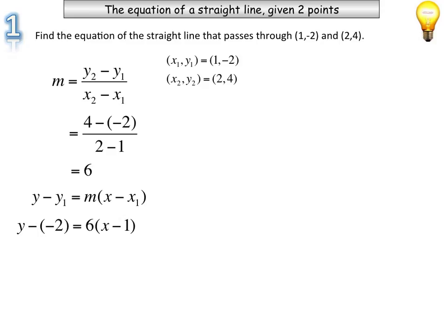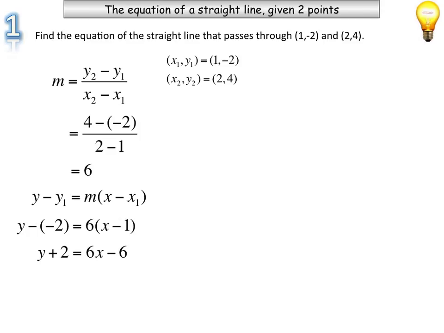So y minus y1 is equal to m, and m is our gradient, and then brackets x minus x1, which is 1, so x minus 1. Our left hand side becomes y plus 2, and expanding the brackets on the right hand side becomes 6x minus 6.